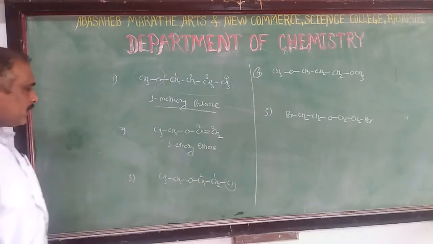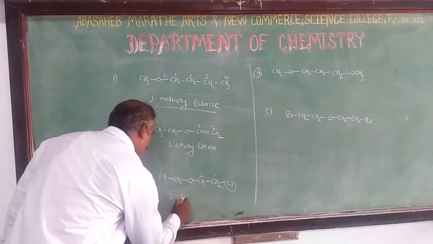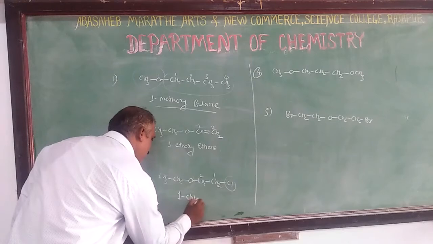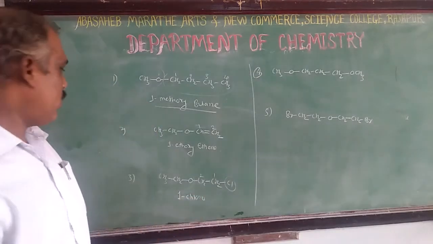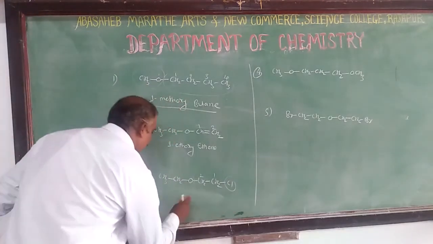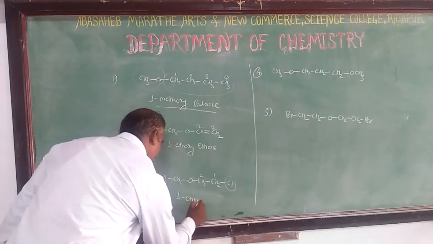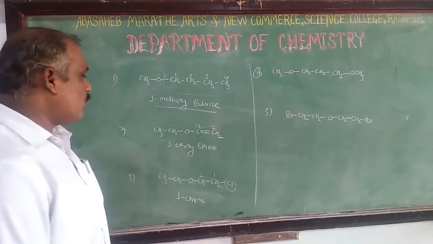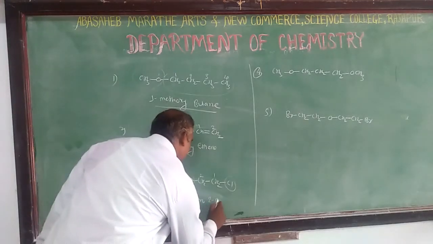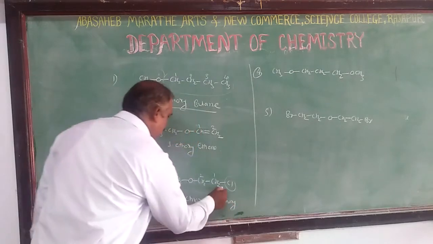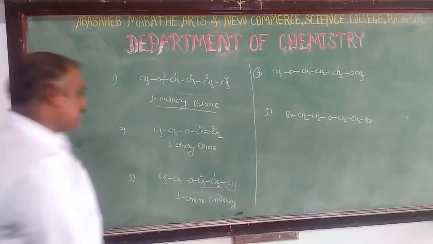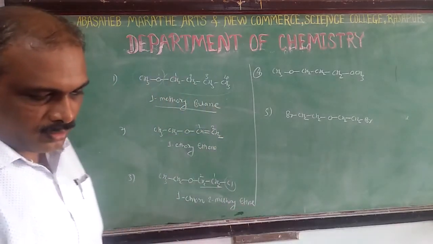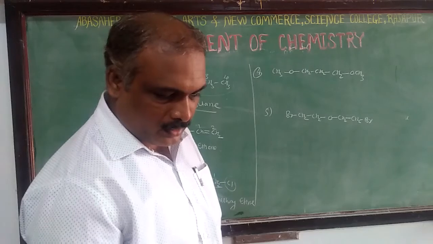So the name is given as 1-chloro, 2-methoxy, and then the name of the parent alkane is ethane. 1-chloro-2-methoxyethane.